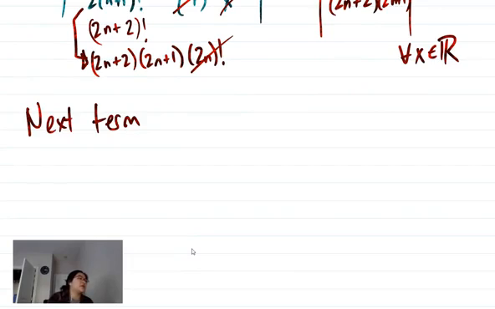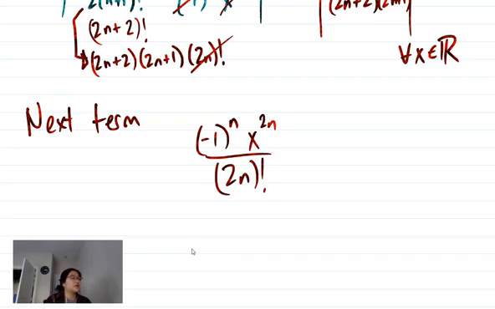Well, that's going to be negative 1 to the n times x to the 2n over 2n factorial.